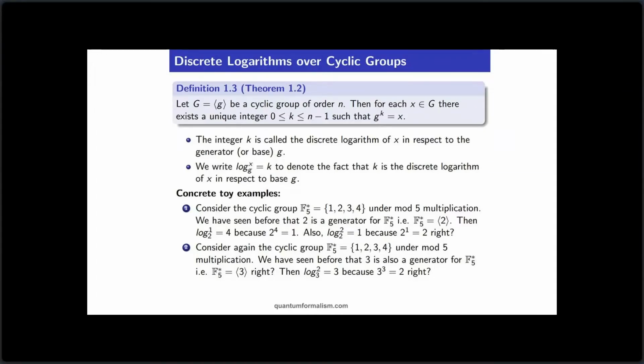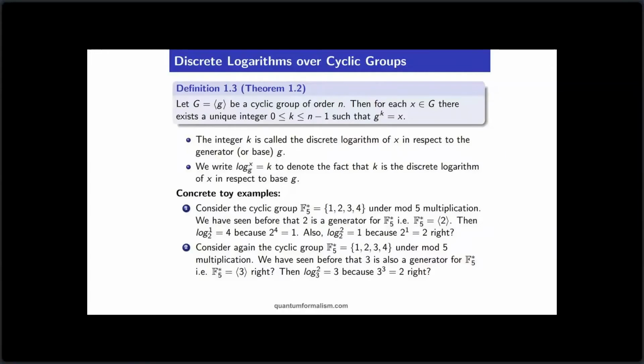So for example, in F5, 2 is a generator, right? Do you agree? Anyone disagree? Then the claim is that the discrete logarithm of 1 with respect to base 2 equals 4, because obviously 2 to the power of 4 equals 1.